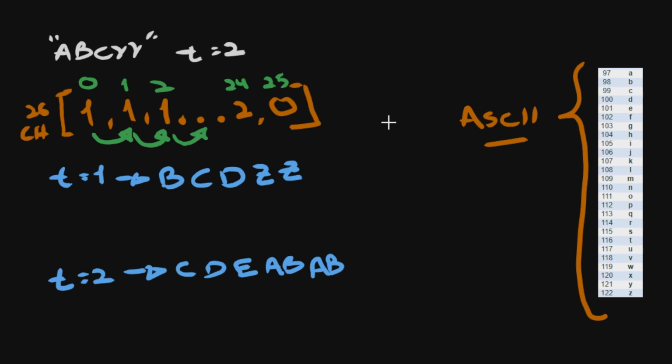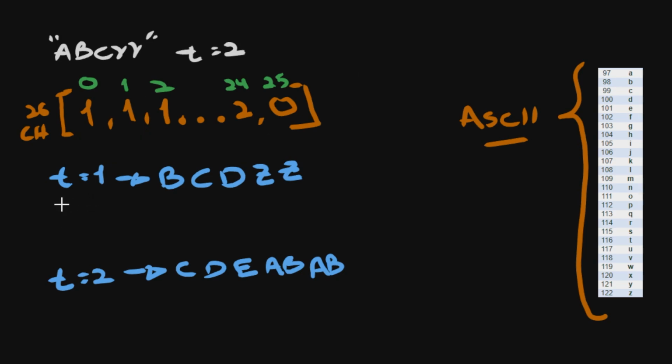And we will do the same with this entire array. And for the last index, so with Z, we are taking this count, we are moving this all the way to index 0, and we are adding this to the count for index 1, because remember, Z transforms into A, B.